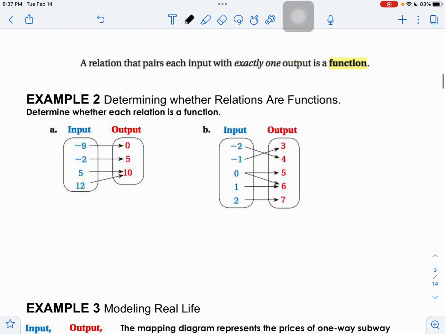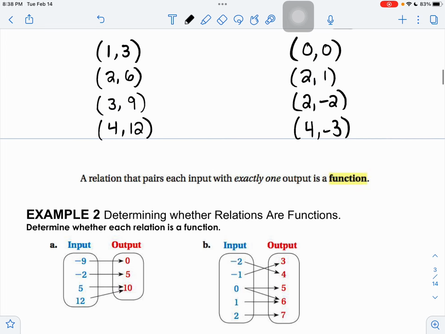A relation that pairs each input with exactly one output is a function. Let me read that one more time. A relation that pairs each input with exactly one output is a function. So I'm going to go back to those examples we just looked at.